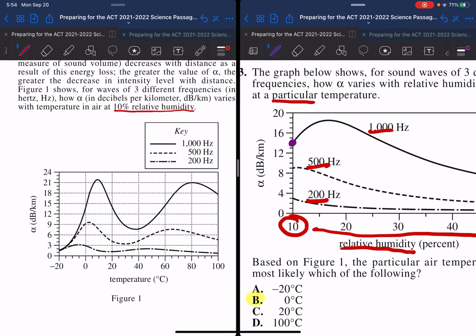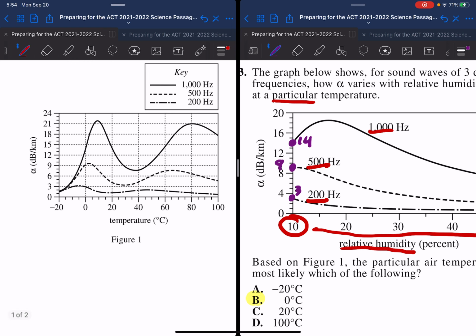So this right here, 1,000 is at 14. Right here, 500 is at 9. Right here, 200 is at 3. So what we want to ask is, where does that happen on this graph? Where 1,000 is at 14, where 500 is at 9, and 200 is at 3.